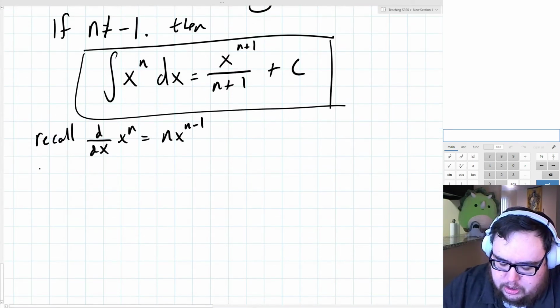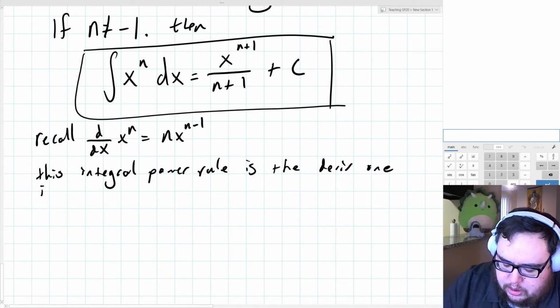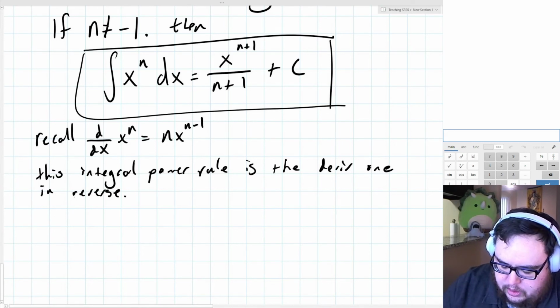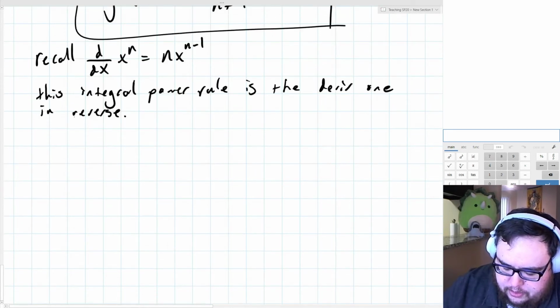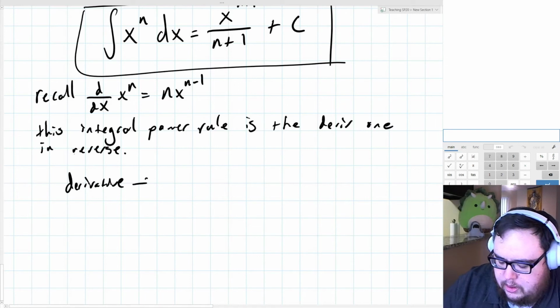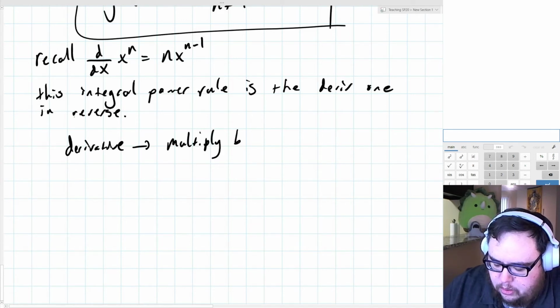Okay, so this integral power rule is the derivative one in reverse. So for the derivative, what you do is multiply by the old power, then decrease the power by 1.